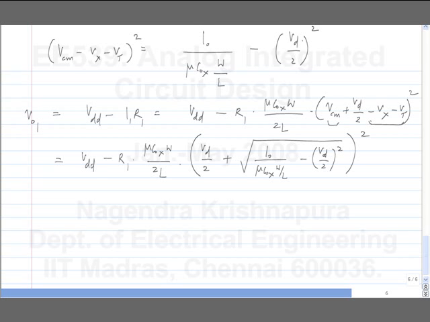So this is fine, and VO2 will be, RL, sorry.